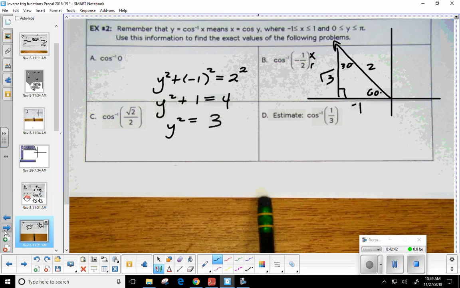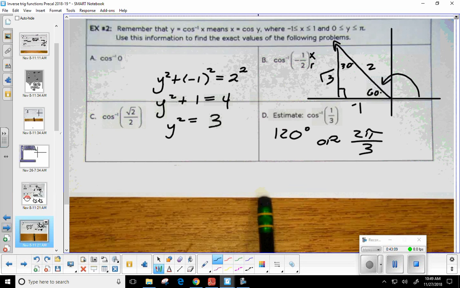Remember, what was the hint that I gave you? Just like sine inverse, you always have to start rotating where? From standard position. So the only way to get over to quadrant 2 is by taking that angle. So your answer should be 120 degrees, or what would that be in radians? 2 pi over 3? Okay.